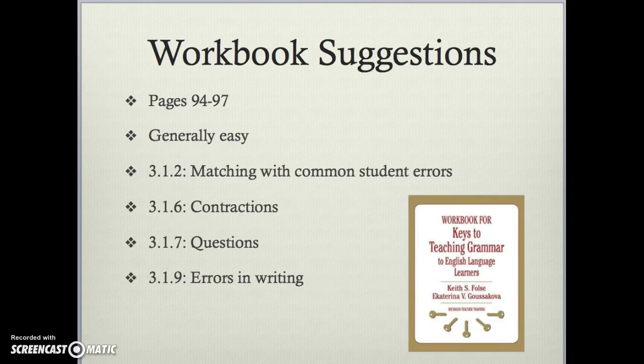Okay, with this next slide, I'd like to point out a few recommendations for working with your workbook. The pages that cover this topic are 94 to 97, and you will find it generally easy. 4 exercises that might be of greater interest are 3.1.2, where you do some identifying of common student errors and matching them to categories. 3.1.6 talks about contractions and reductions. 3.1.7 asks you some questions about questions that I think are valuable.